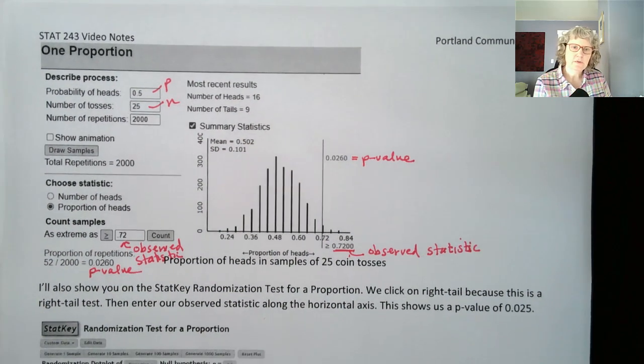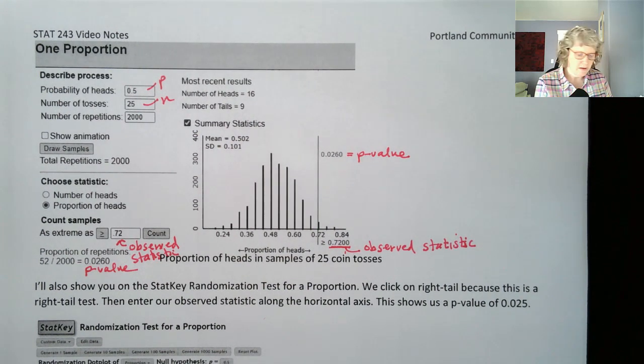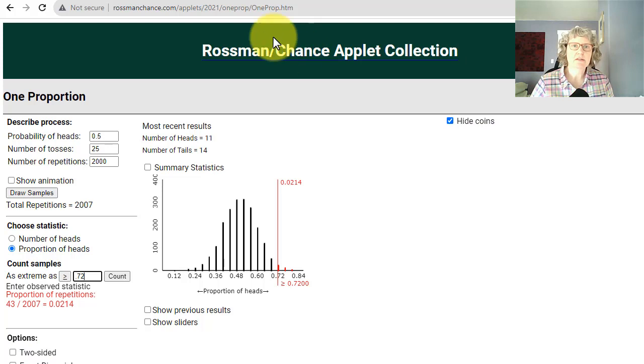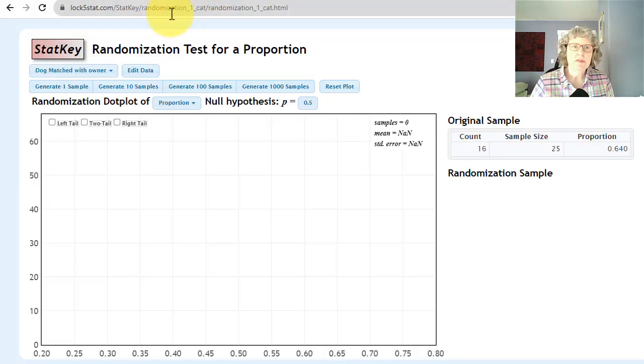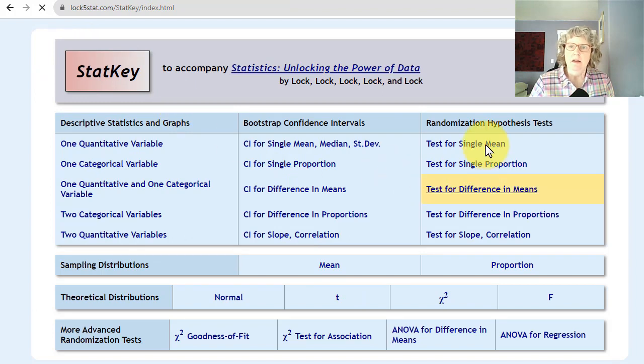Okay, great. So let's do a similar thing, but on StatKey. I want to show you that one as well, since we've been using that one more lately, you might prefer that, but they're both really good applets. So let me go to StatKey and show you where I am. We were just recently in the middle column for bootstrap confidence intervals.